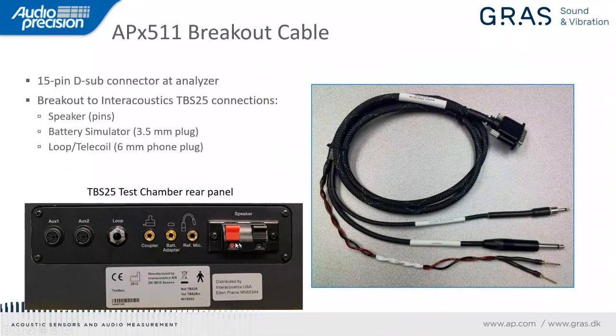And we have this cable with the DB15 at one end. We have the speaker pin jacks at the other end, the 6mm phone plug for the loop, which goes over, and a 3.5mm plug for the battery adapter that goes over here. So it's very easy to connect the chamber to the analyzer, and connect the microphone to the analyzer.